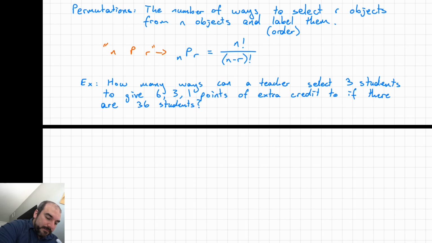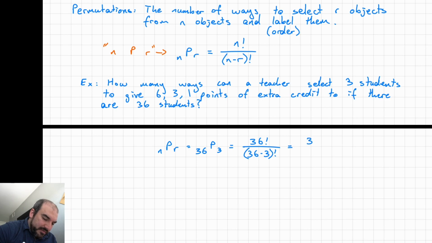So this will be nPr for the calculation, which is going to be 36P3. We want to select 3 students and label or order them at the same time. So the calculation will be 36 factorial divided by 36 minus 3 factorial.